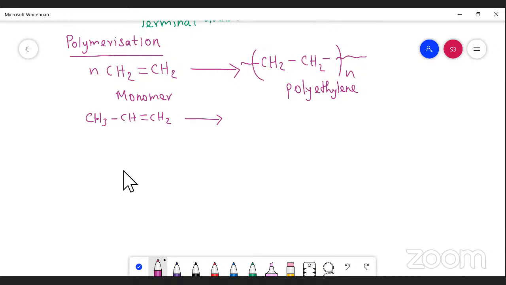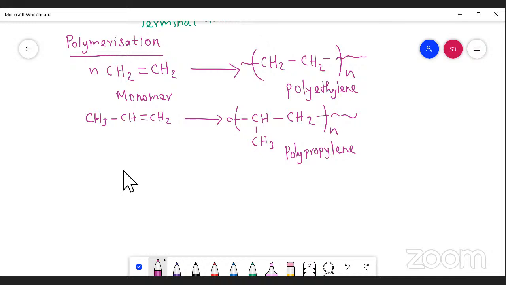On polymerization we get polypropylene. It is CH with CH3 and CH2, with n number. So it is polypropylene.